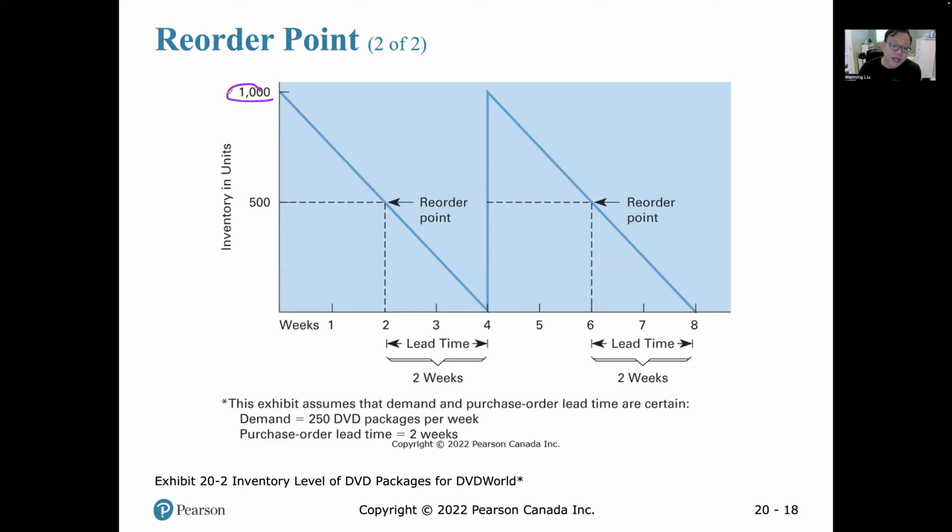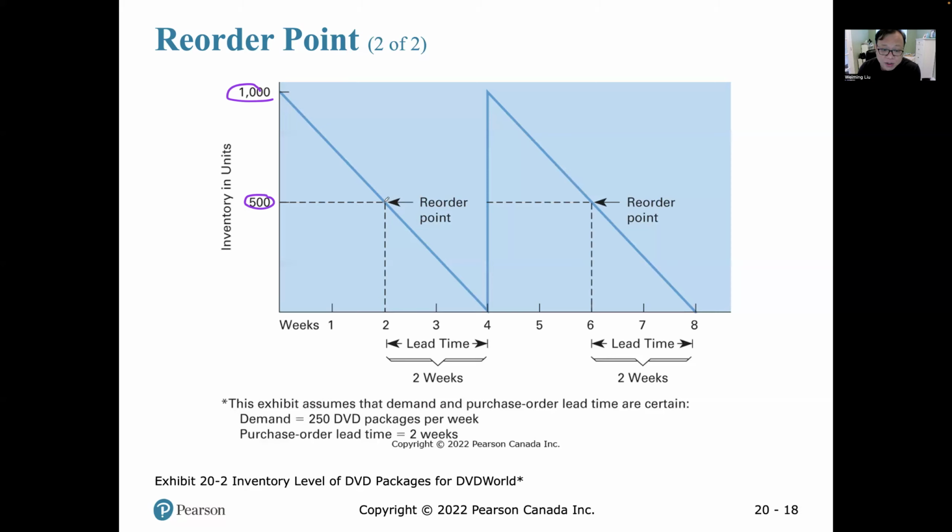So if I order at week 2, I order another 1,000. That 1,000 will not come immediately, right? So right now my inventory level is at 500, because 2 weeks after, my inventory level has dropped from 1,000 to 500. But I cannot wait longer to reorder, because it takes 2 weeks for the new order to come in.